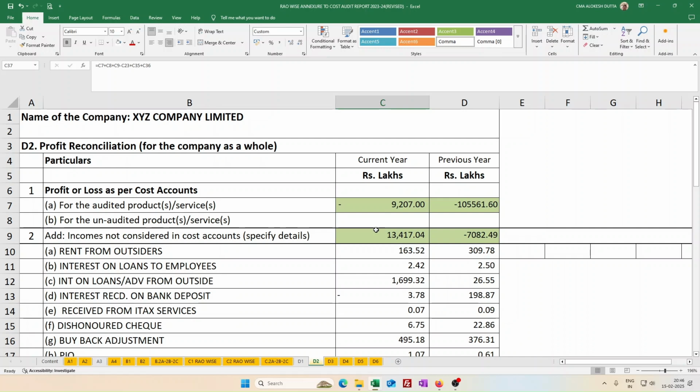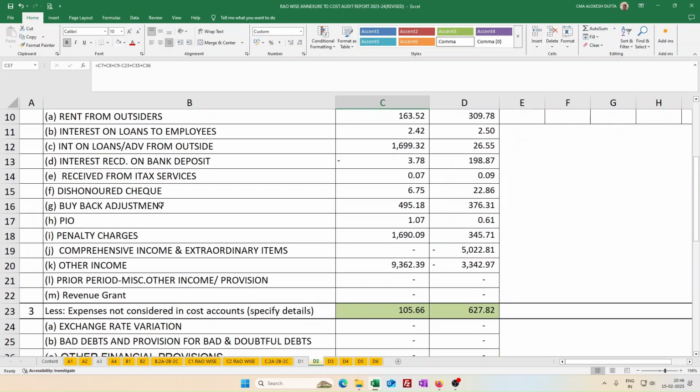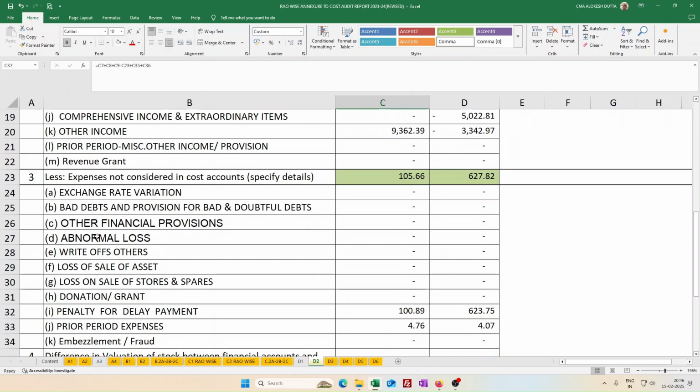It should be grouped like this: rent from outsider, interest on loan to employees, interest on loan and advance from outside, interest received. These are all purely income of a financial nature and should be excluded from income. And there are bad debts, other financial provisions, abnormal loss, write-off, loss on sale of assets, loss on sale of stores and spares, donation, grant.